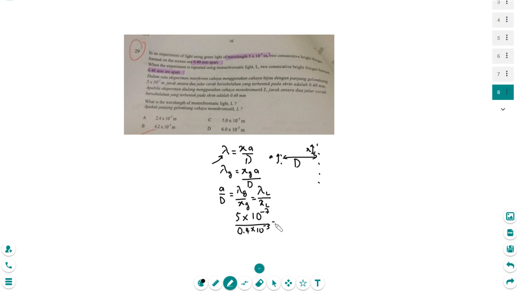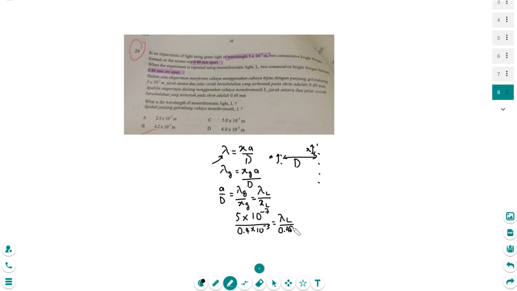This equals the wavelength of the light L divided by, when it says here the two fringes are 0.48, so 0.48.